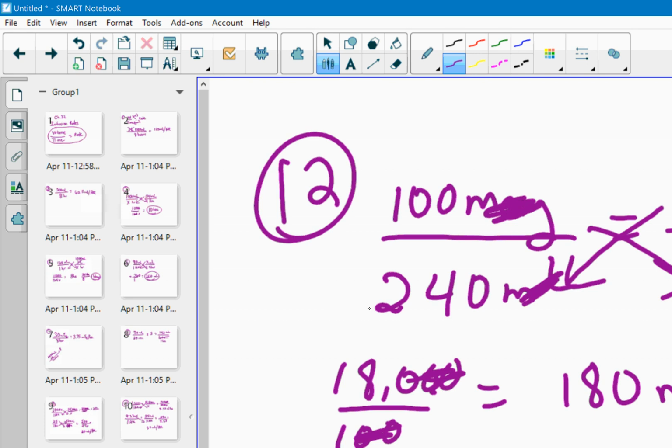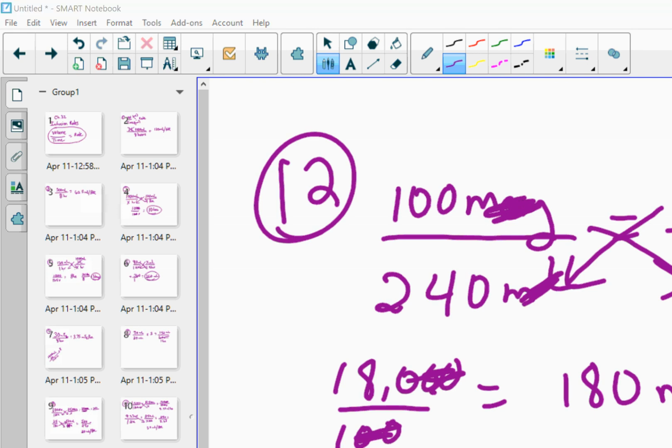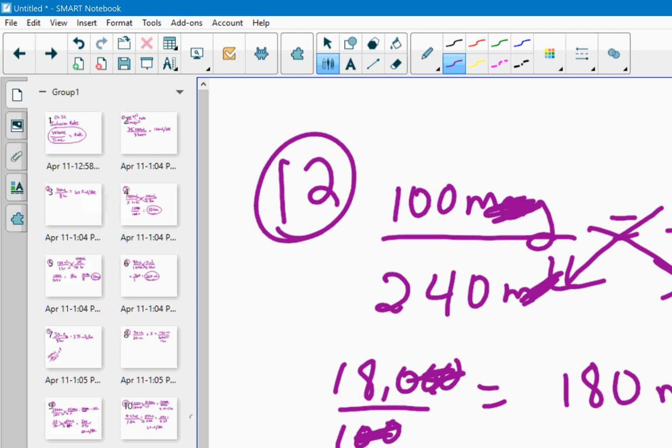Next, you're just going to cross multiply. X times 1 is X. 180 times 15 is 2,700. So your answer is 2,700 drops per hour. But we want it per minute.